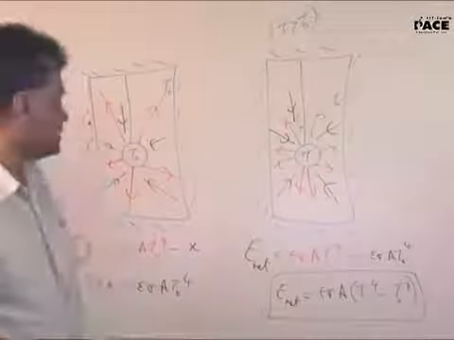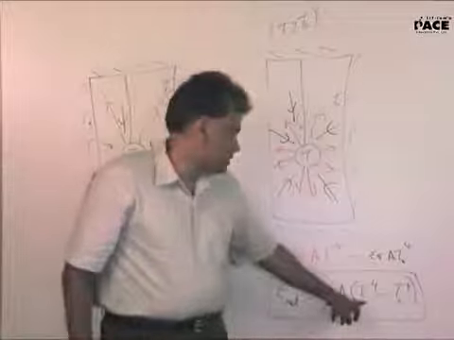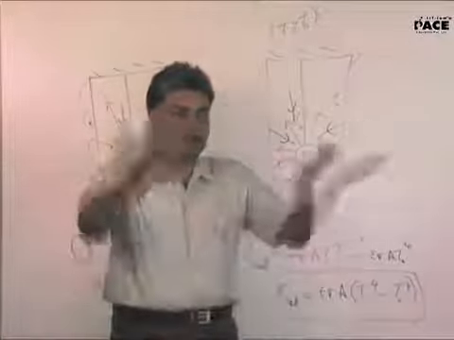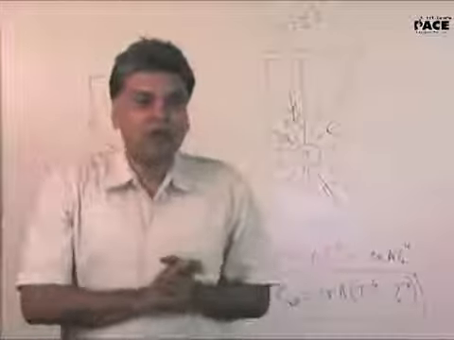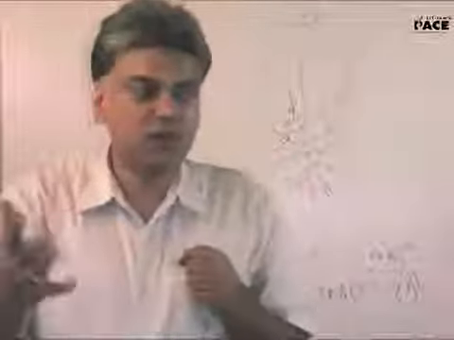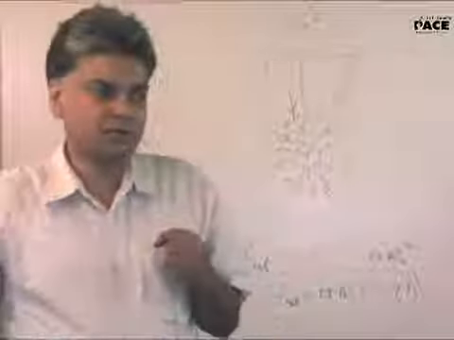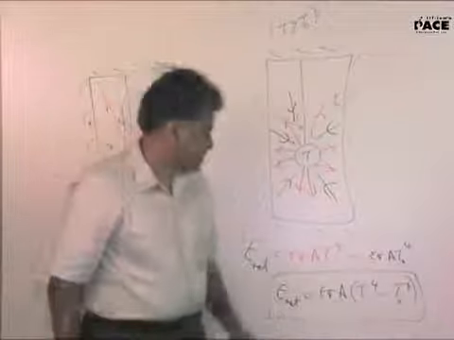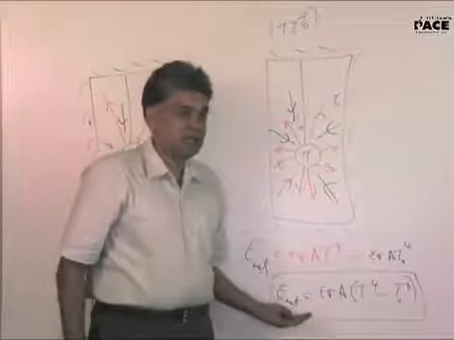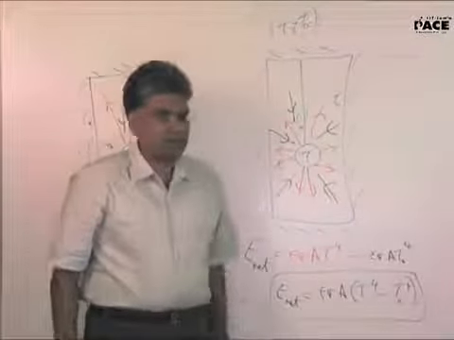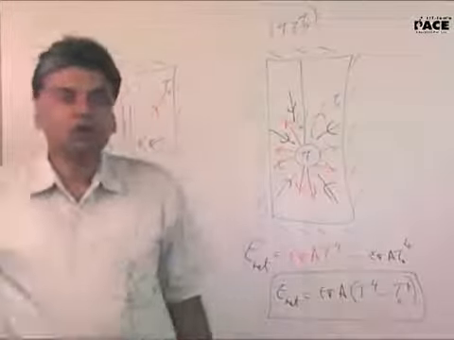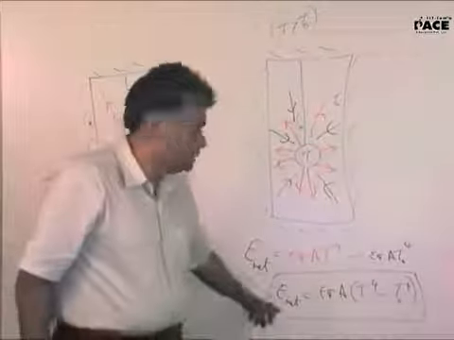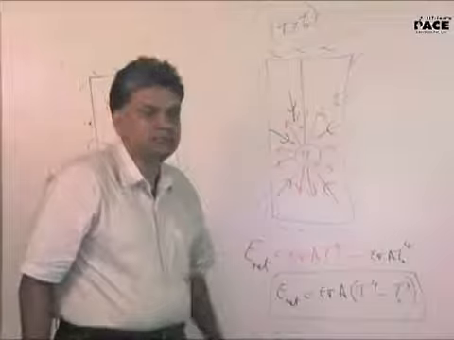But in every practical situation, when you have a body with temperature T, the surrounding will have some temperature T naught. And if the body gives it to the surroundings, the surroundings will also give it to the body. So you will have this as the net emissive power. So this is the more practical way in which Stefan's law is used.